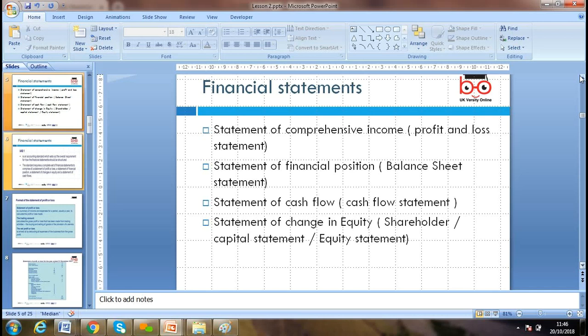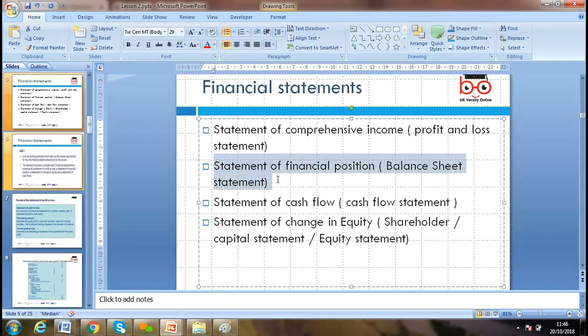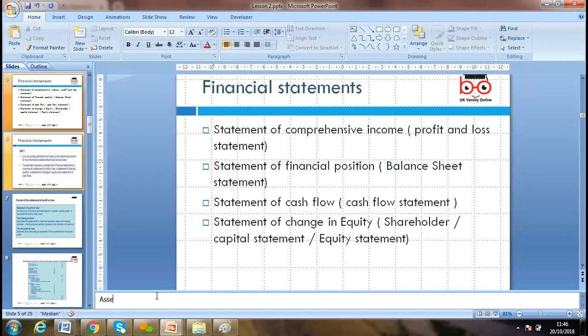Okay. So next we look at the statements. First, the statement of comprehensive income, which is known as the profit and loss statement; either we have a profit or a loss in a business. Then the statement of financial position, also known as the balance sheet, which shows how much worth of assets the company has. Asset means anything we own in a business; anything that has a value is called an asset.